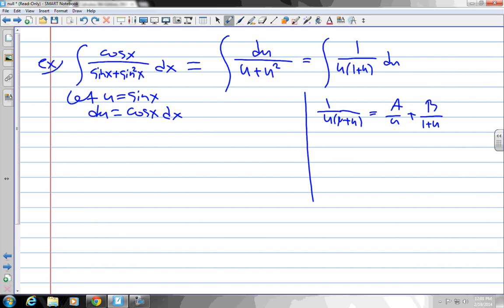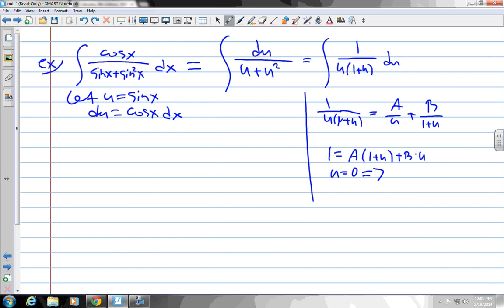So do the thing, multiply by the LCD. You end up with 1 equals A times whatever's missing plus B times whatever's missing. And then we solve. Let u equal 0.